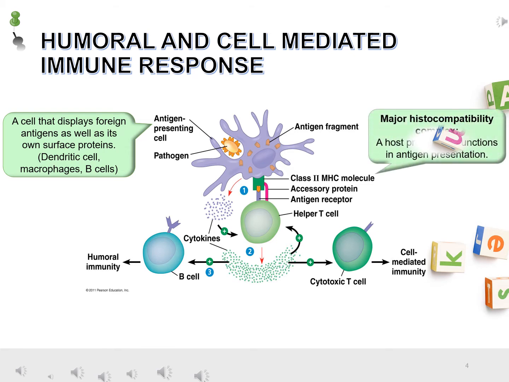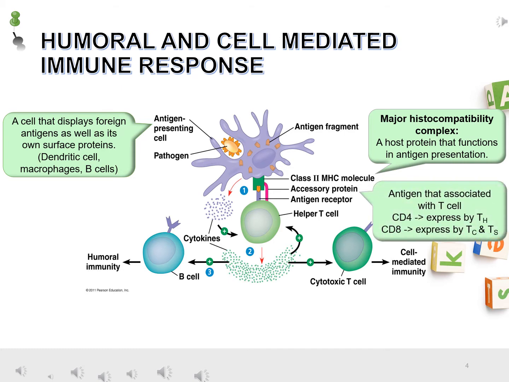Major histocompatibility complex, MHC, is a host protein that functions in antigen presentation. Antigen that is associated with T cell will use CD4 receptor that is expressed by helper T cell, and CD8 receptor that is expressed by cytotoxic T cell.